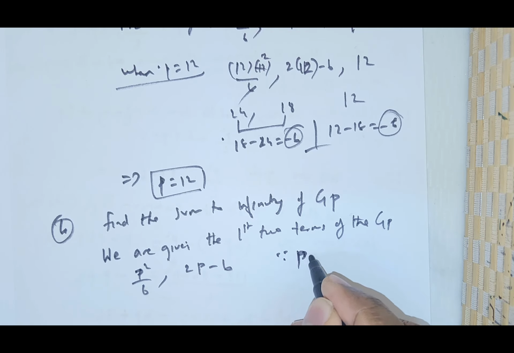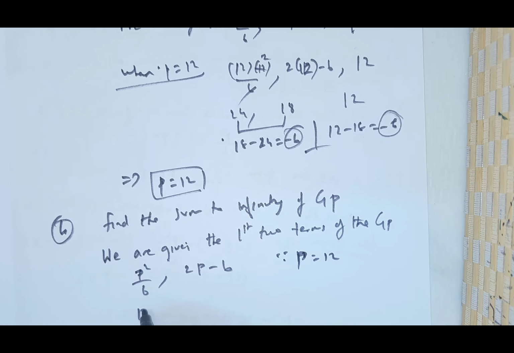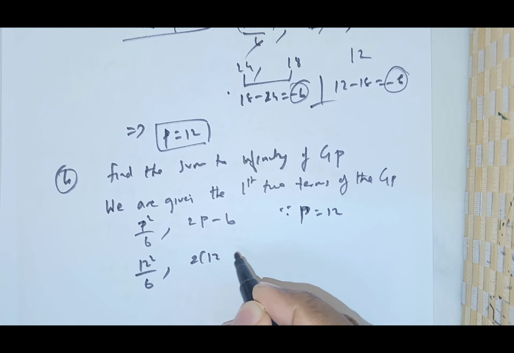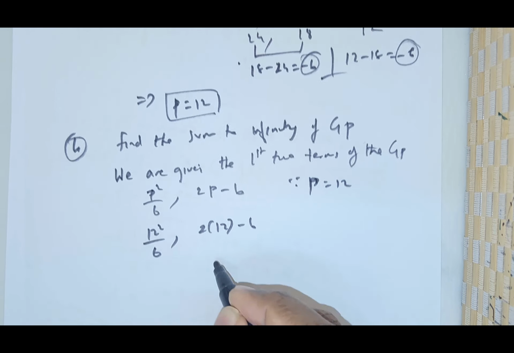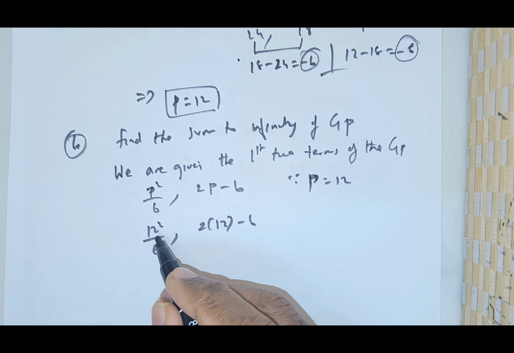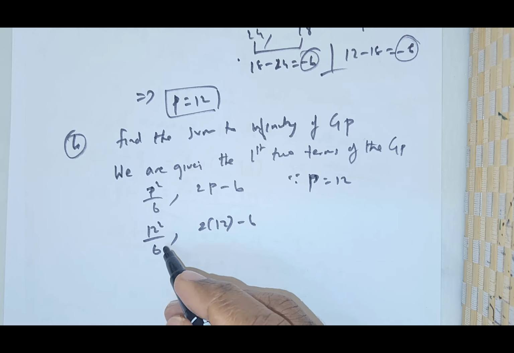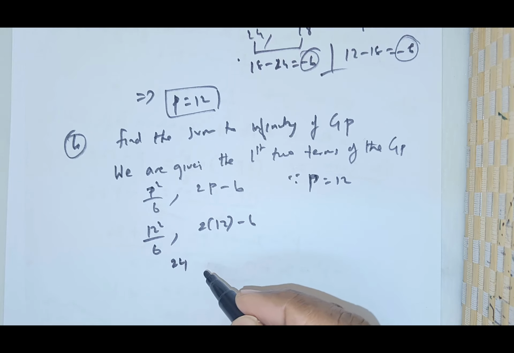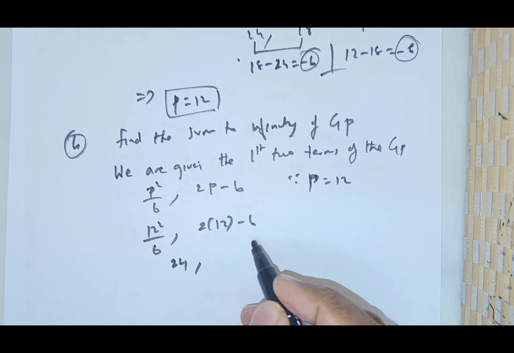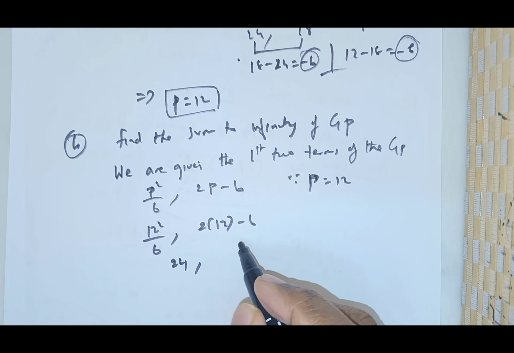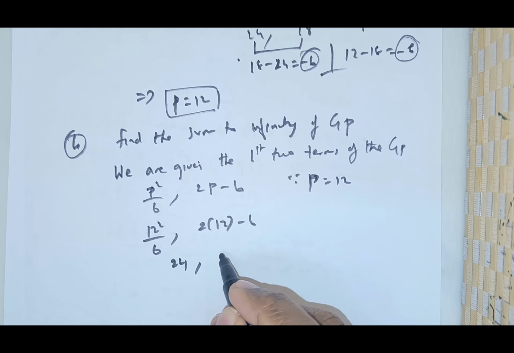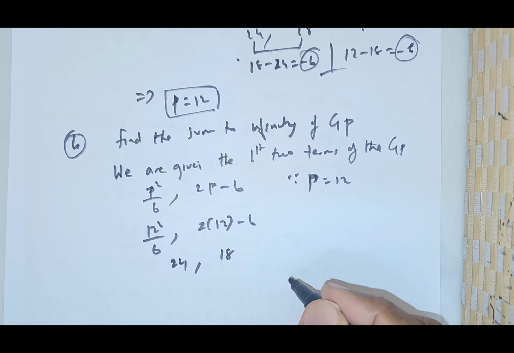Since p is equal to 12, we have 12 squared over 6 and 2 times 12 − 6, which means this is going to give me 24, and this is going to give me 24 − 6, that's going to be 18. So we have got these two terms.